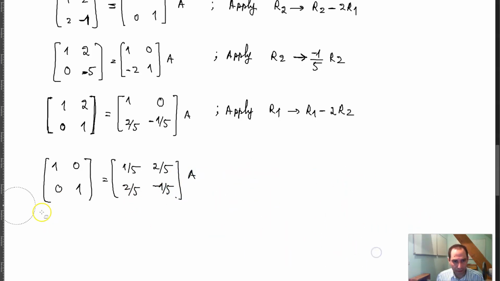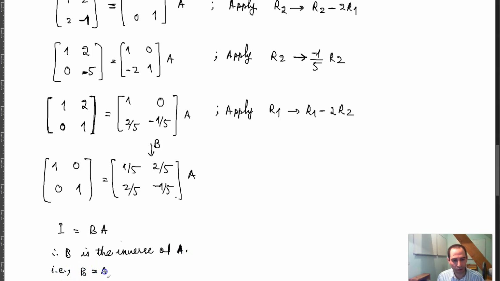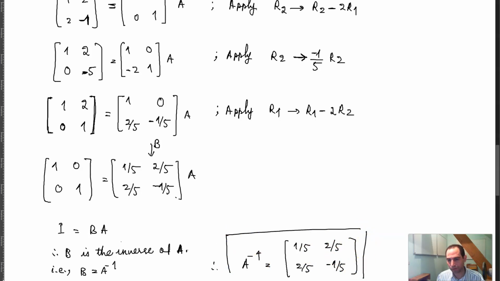And so what happens is that now I have I equal to this matrix, call it B, times A, which means that B is the inverse of A. In other words, B is equal to A inverse, which means that A inverse is equal to this matrix: 1/5, 2/5, 2/5, and negative 1/5. That is the inverse of this matrix.